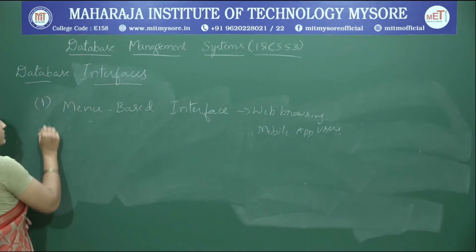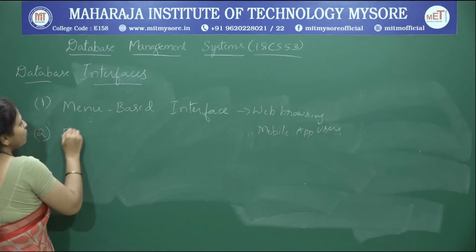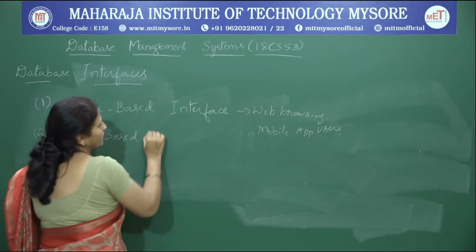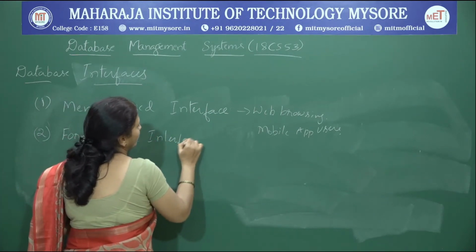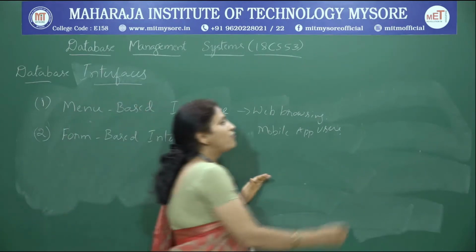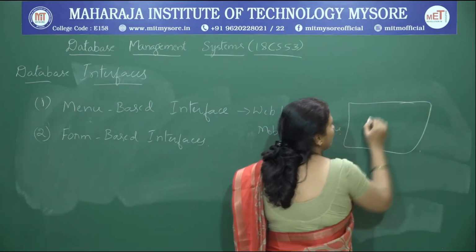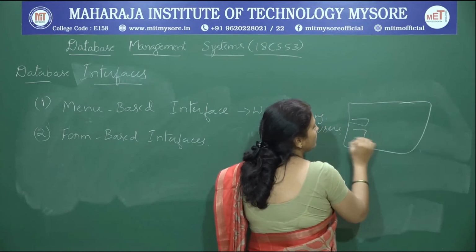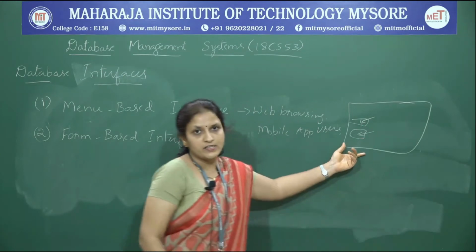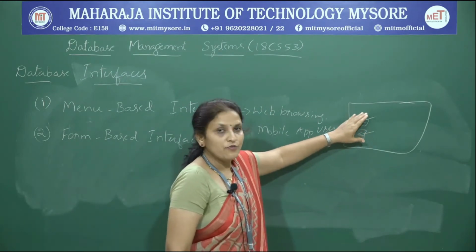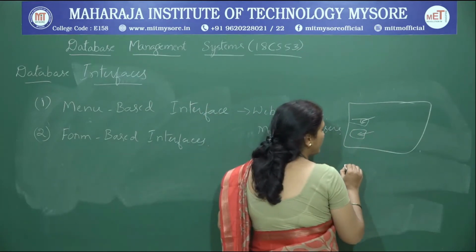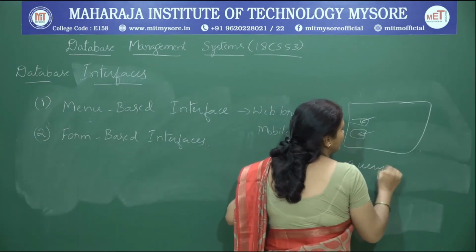Then comes the next category of interface, that is form based interface. Okay, what do we have in form based interface? Here a form will be designed in which there will be several fields for which a user is going to input his details, right. Depending on the values which are inputted here, a query is going to be generated.